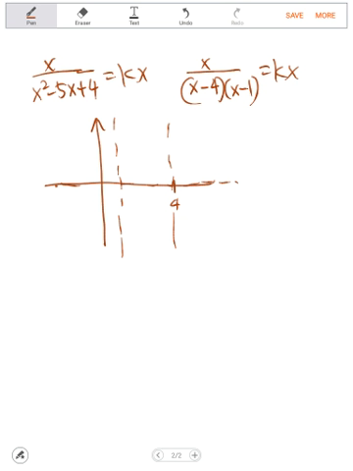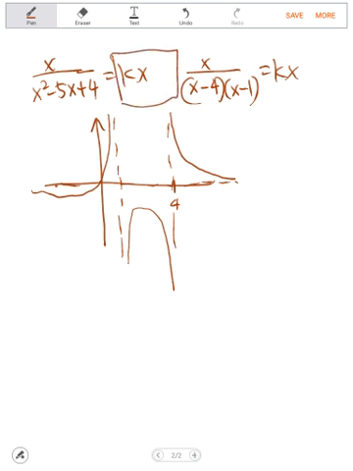When y equals 0, x is 0. So it comes here and goes up. And here it comes. And here it comes. Something like this, right?